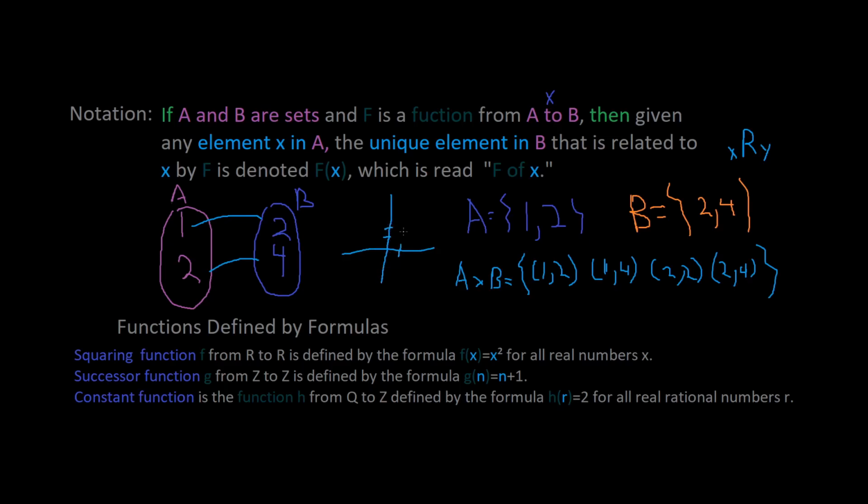So that's 1 and 2. And we're going to have 1 and 4, so we're going to have a point up there. And you might see why it's really important to see visually what's happening. That's 1 and 2 right here, and that's 2 and 4.